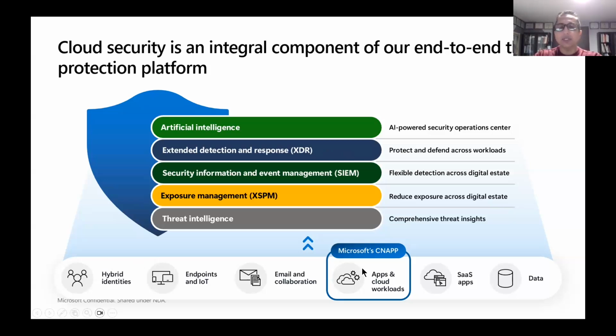And of course, all the different types of cloud workloads, right? Whether they be containers, whether they be SQL, and so on. Ultimately, you also have to keep track of and monitor whether your data is even simply being accessed by the wrong parties, right? So that all falls into the XDR aspect. And in order to accomplish that, we have all these different layers, right? Including the SIEM layer.